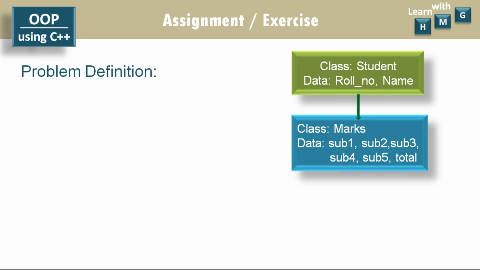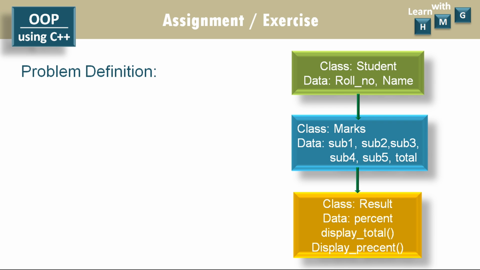From marks class, one more class is derived, that is result. This result class is having one data member percent, and in that there is display total and display percent. So the total and percentage marks are displayed within the result class, not in the marks class.